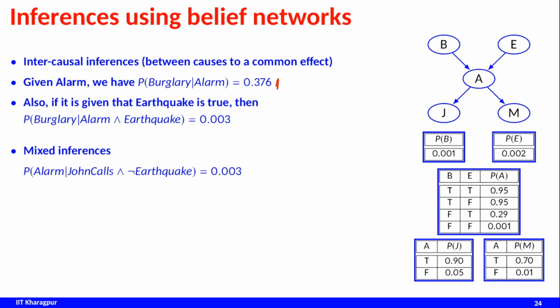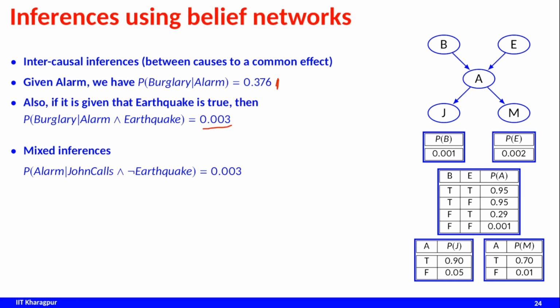Then what is the probability that the burglary actually happened? It will be the probability of B given A and E. If we determine that probability, it is a very small probability. If the earthquake happens, then probably the chances of a burglary happening simultaneously are less.